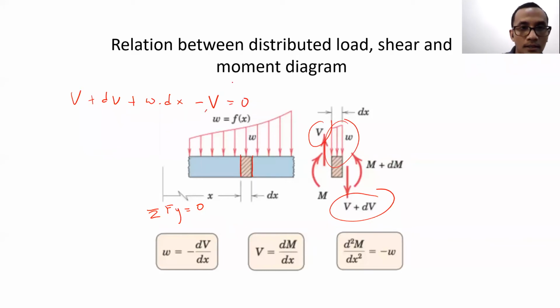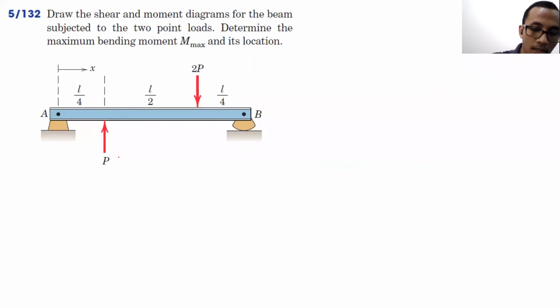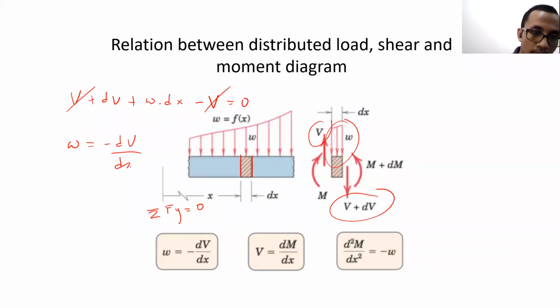That's why here what we will get is w is equal to minus dV per dx, like this.